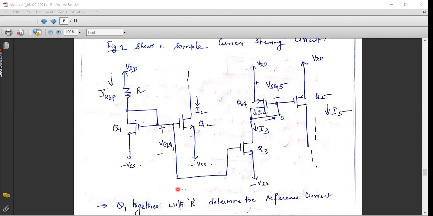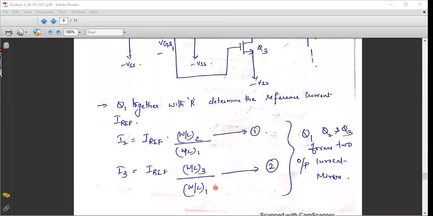Similarly, the gate of Q1 and the gate of Q3 are interconnected so that you get the output current I3 in terms of IREF. So Q1, Q2 together constitute a current mirror circuit. In a similar way, Q1 and Q3 also constitute a current mirror circuit.